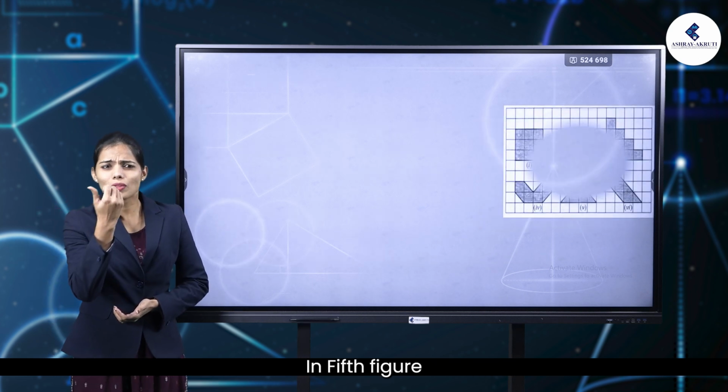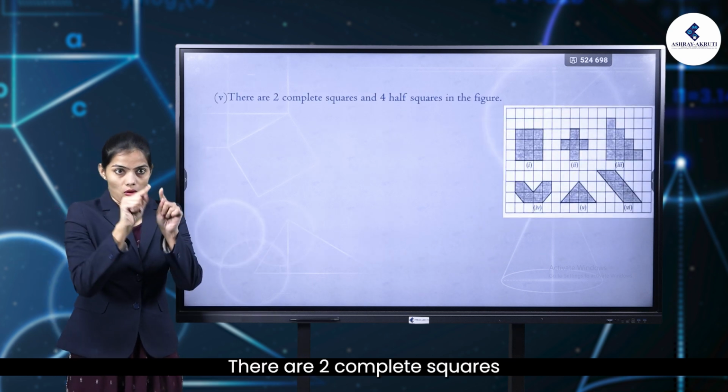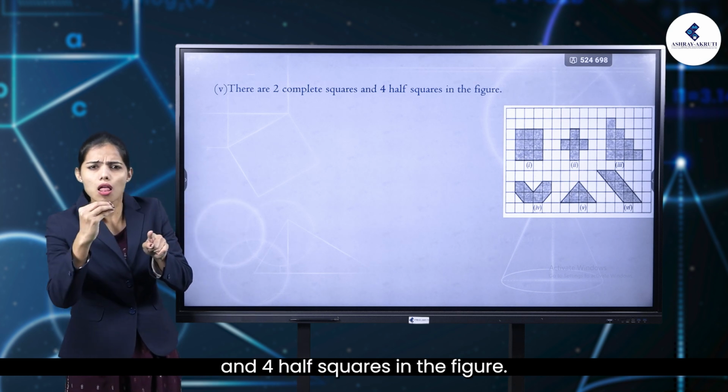In fifth figure, there are 2 complete squares and 4 half squares in the figure.